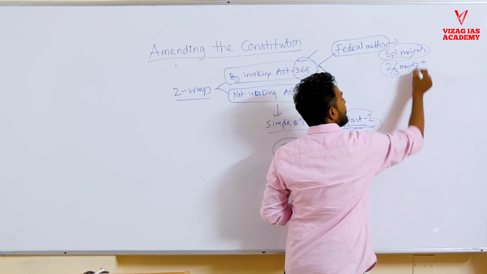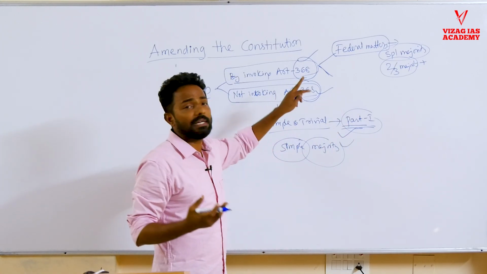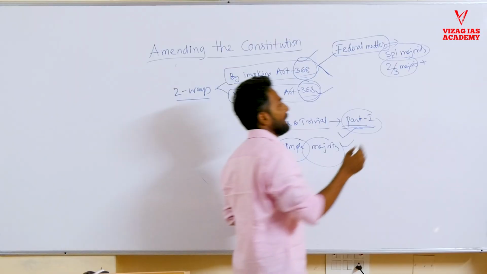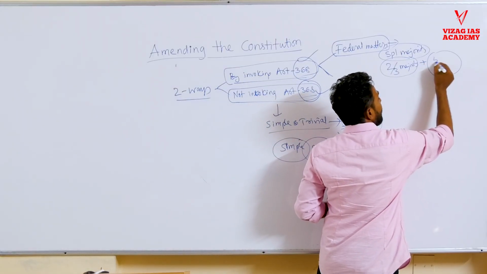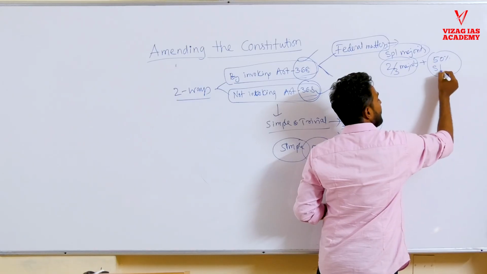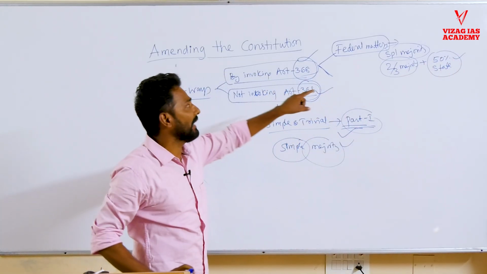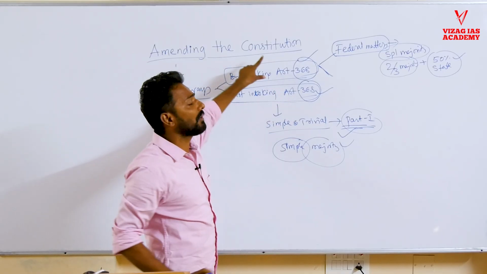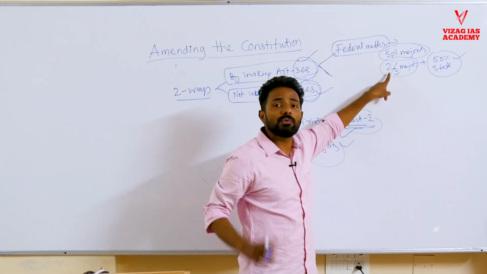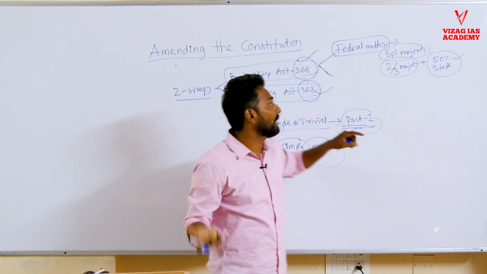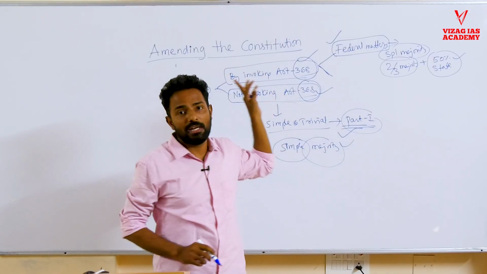Not only a two-third majority in both houses of the parliament, but we also require the consent of at least half of the states. That means 50% of the state assemblies also have to ratify that particular amendment of the constitution. If 50% of the states ratify and it is approved in the center with a two-third special majority, then the federal matter will be treated as a constitutional amendment.